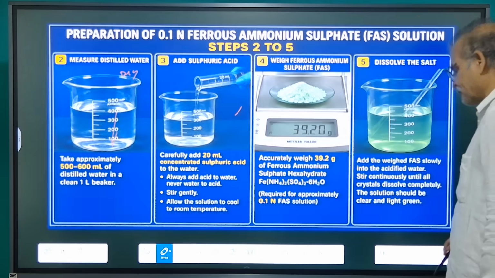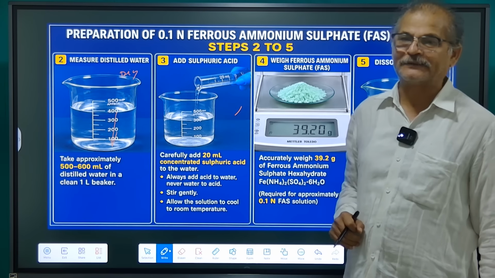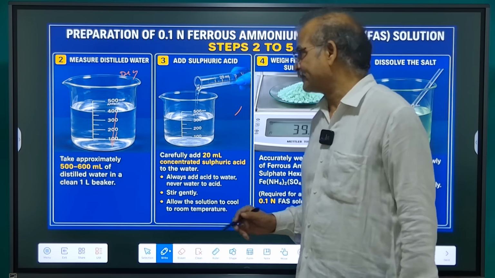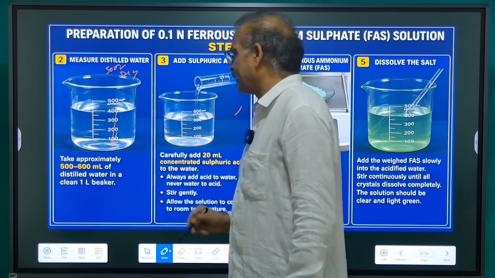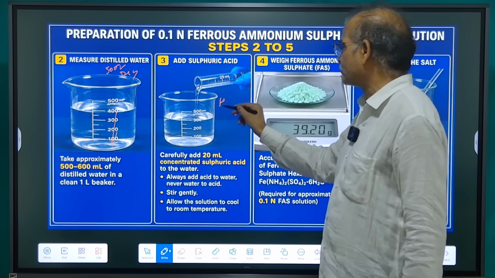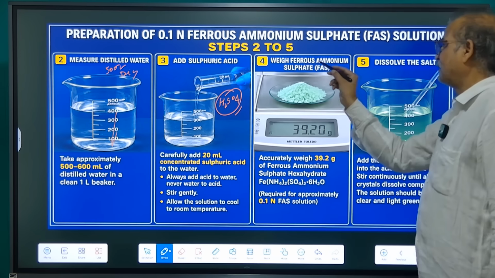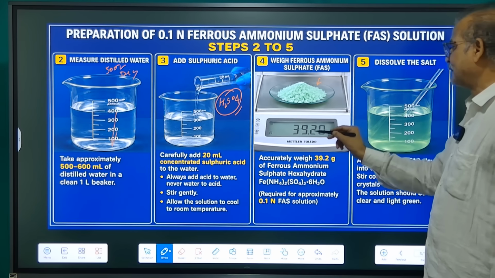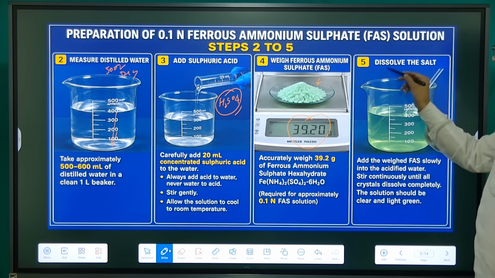For this test we prepare two solutions, ferrous ammonium sulfate and potassium dichromate, in the laboratory. For this we take 500 to 600 ml of distilled water and acidify it with 20 ml H2SO4. Then we weigh 39.20 grams of ferrous ammonium sulfate and dissolve it in this distilled water.